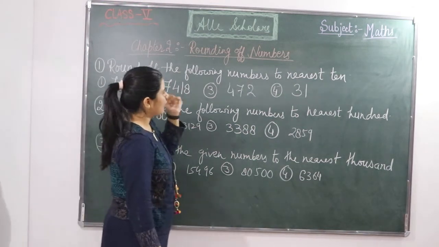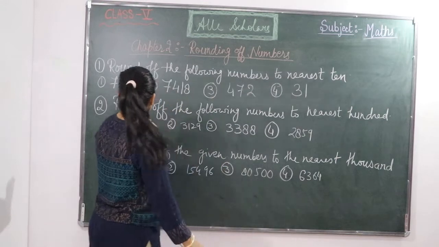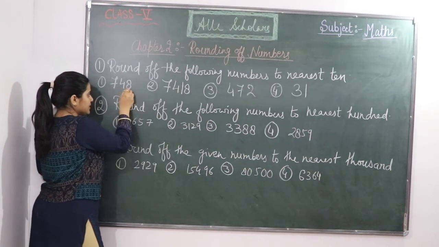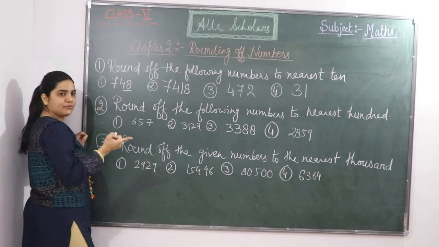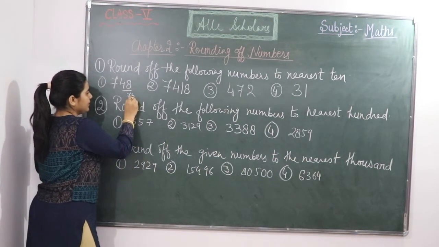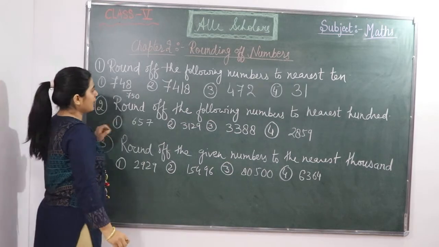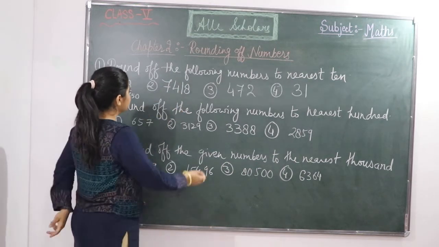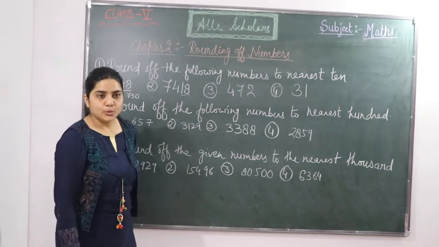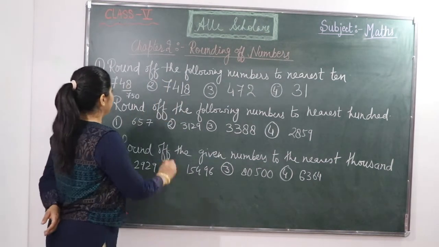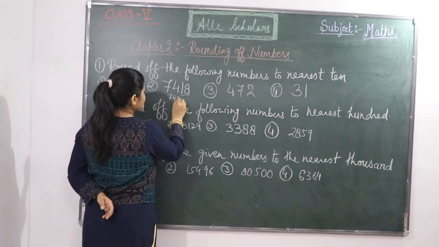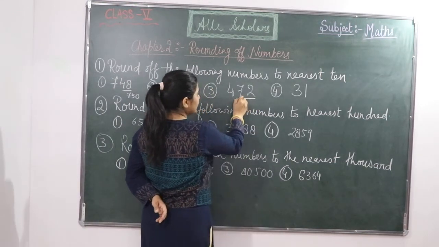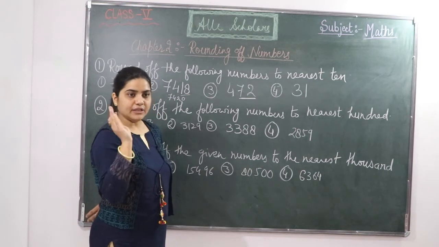First we will round off the following numbers to the nearest 10. For 748, the number 48 is nearest to 50, which is the nearest 10 number? 50. So 750. Again, 472. 72 is nearest to which 10 number, 70 or 80?